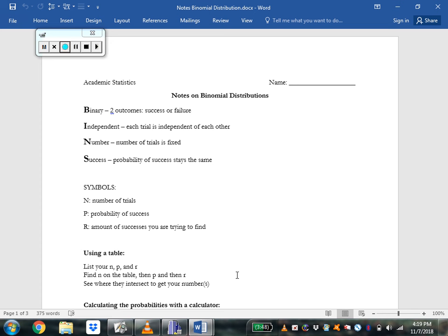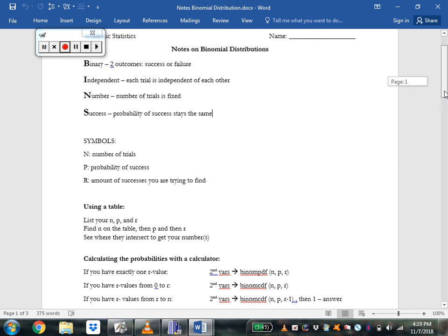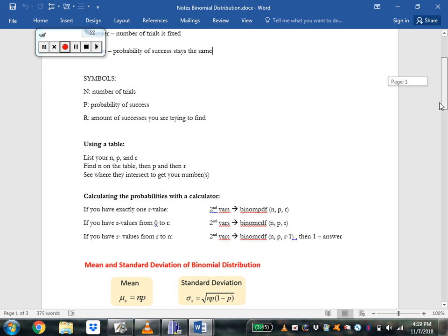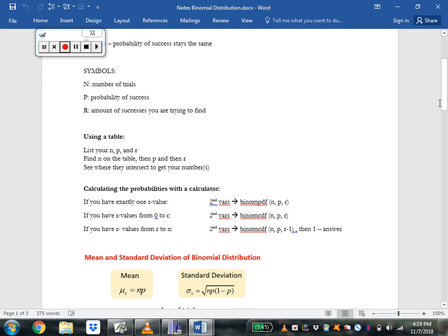So that being said, looking at a binomial probability distribution, you have a few options. You can either use a table or you can use your calculator. You should have received the table. It's a 4-page packet that goes, I believe, from 1 to 20. If you notice the n values there, they're pretty limited.